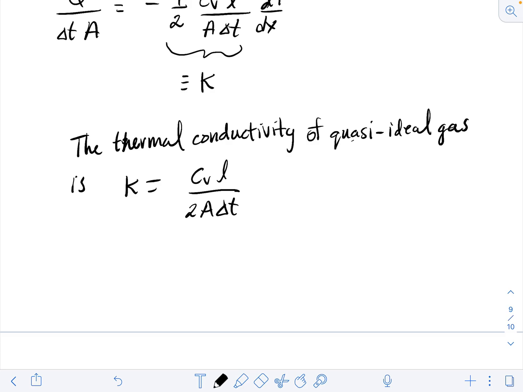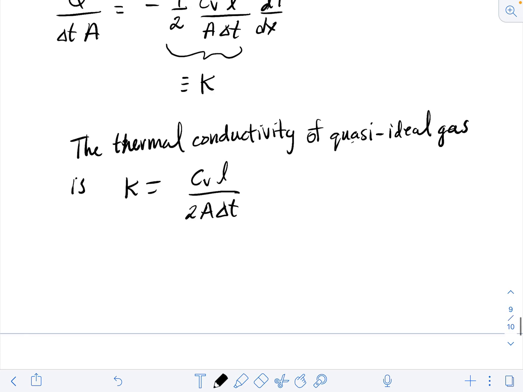Now, that's not great because we don't want our thermal conductivity to be dependent on some kind of geometrical factor. So let's try to re-express this. A geometrical factor like the cross-sectional area, like what area are we talking about? So for our scenario, we know some of these things.